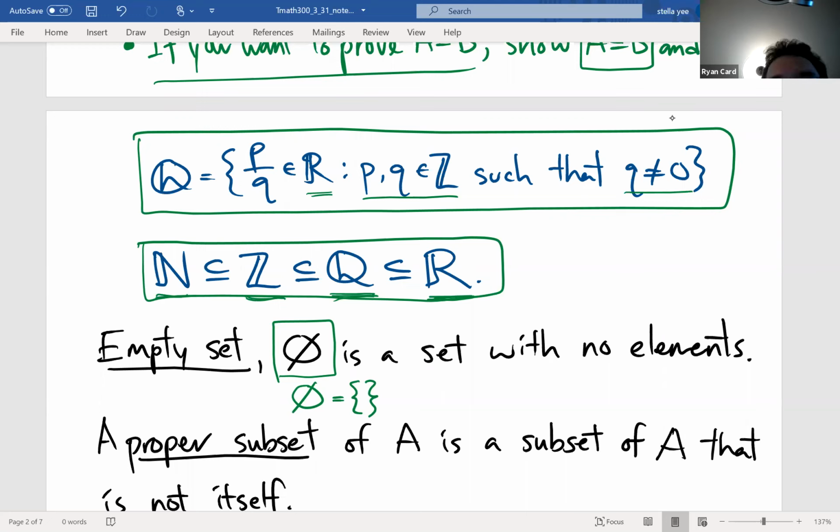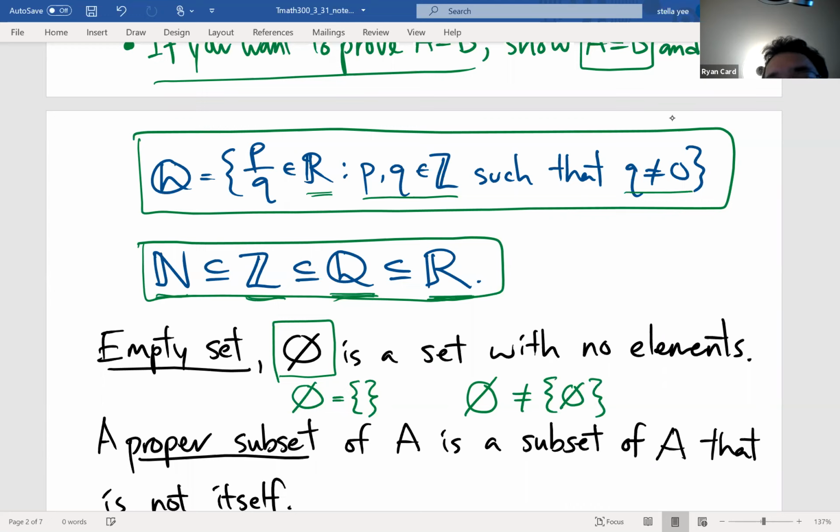I should also mention that this might be confusing, but it's important to make the distinction. The empty set is different from a set containing an empty set. So the set with nothing in it is not the same.